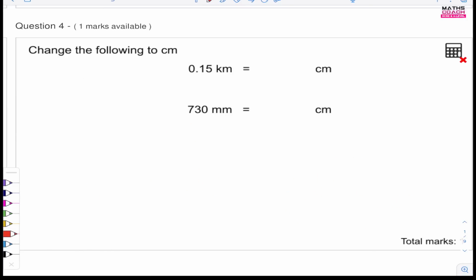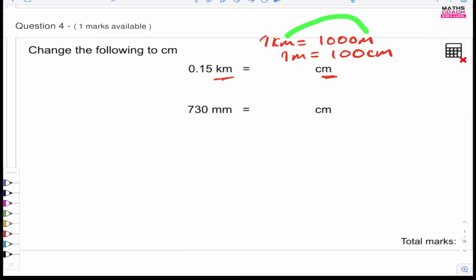Question 4, change the following to centimeters. So kilometers into centimeters. We know that in 1 kilometer there are 1,000 meters, and in 1 meter there is 100 centimeters. So if you want to go from kilometers into centimeters, you must first go into meters by multiplying by 1,000, and then from meters to centimeters by multiplying by 100.